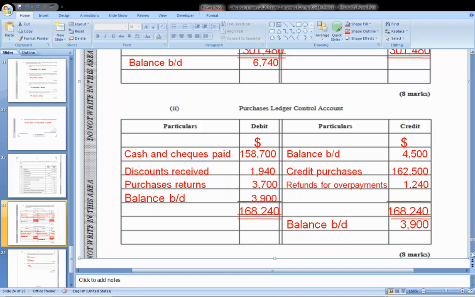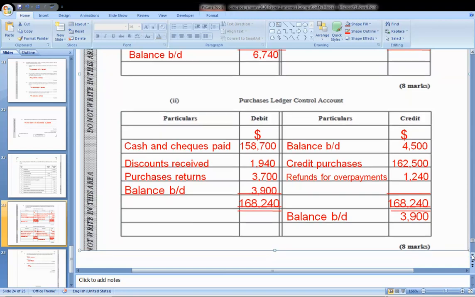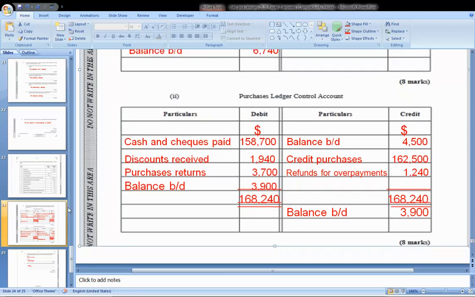So we know that our total was 168,240, and our balance brought down to the following year would be 3,900 to January 1st, 2020. And for B, 1 and 2, you would get 8 marks for that. So let's go on to our following question now.